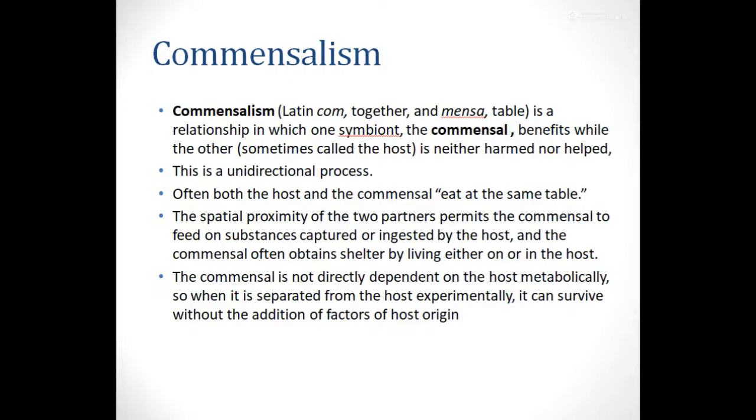And the commensal is not directly dependent upon the host metabolically. So even if you separate it from the host experimentally, it can survive without the addition of factors of host origin.